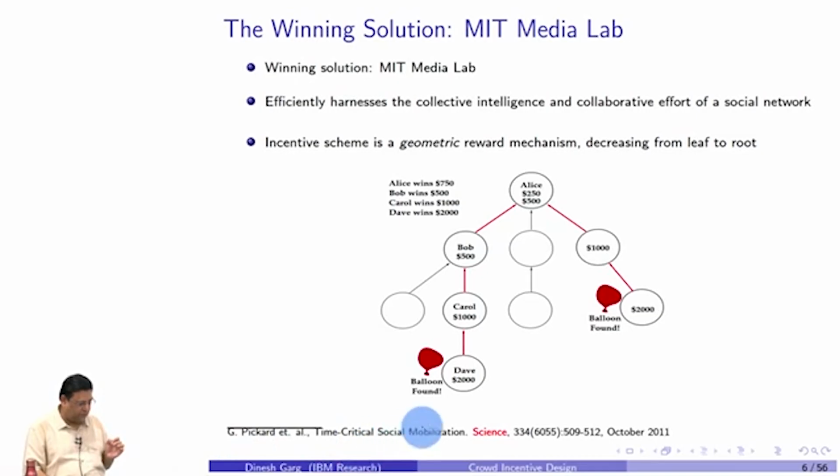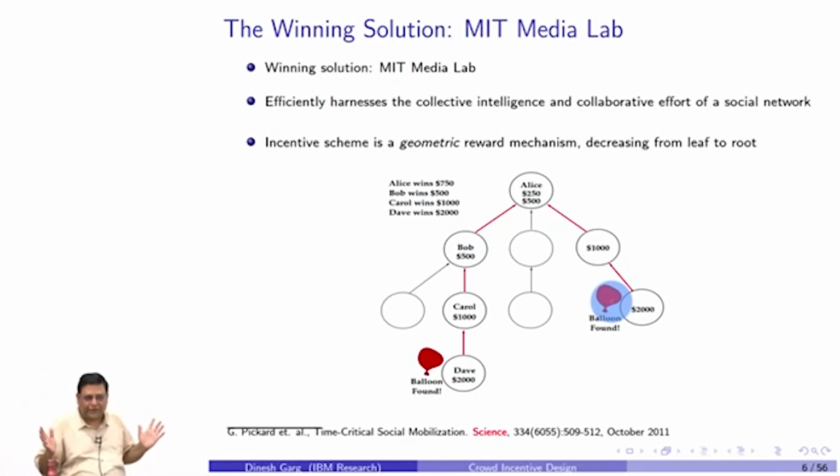I am giving $2,000 to the leaf node, then half of it to the parent, then half of it again to the next parent. So it's a geometric series. If you take 2,000 out, this will be 2,000 plus 2,000 by 2 plus 2,000 by 2 square, 2,000 by 2 cube, and so on to infinity. So it's a GP. What would be the total value? It will not exceed $4,000. Am I right? It will be at max $4,000.